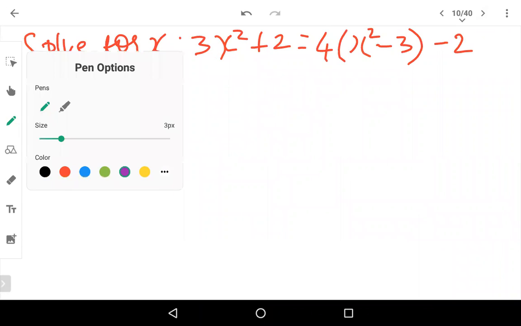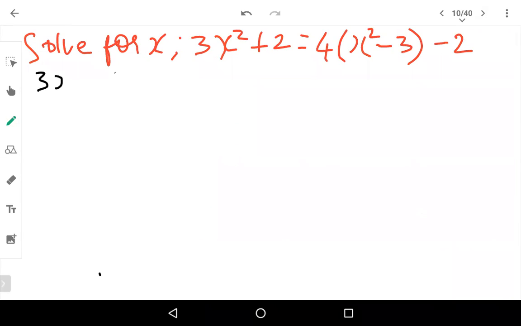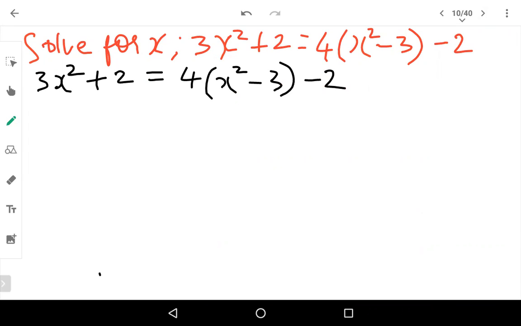Now in this problem, again, first what you have to do is write down the question properly. So 3x square plus 2 is equal to 4 into x square minus 3, minus 2. This is the question given to us, right? So let us start simplifying. 3x square plus 2, I cannot do anything, so let it be as it is.